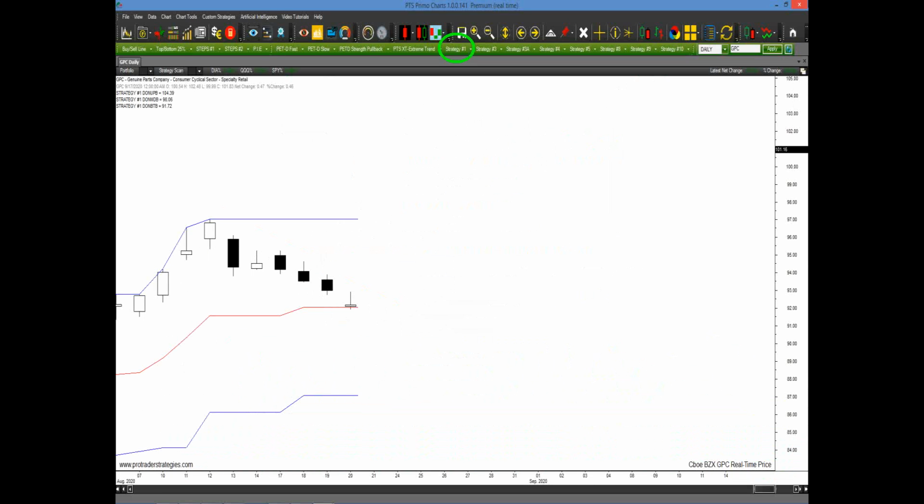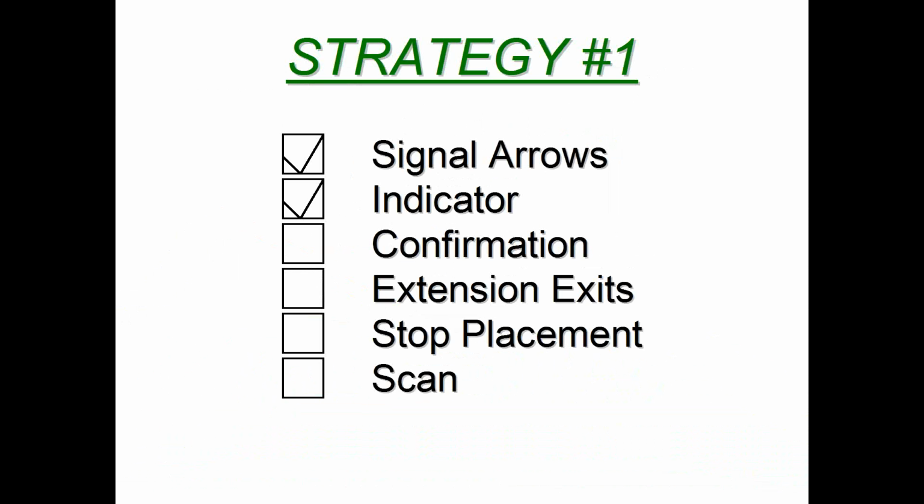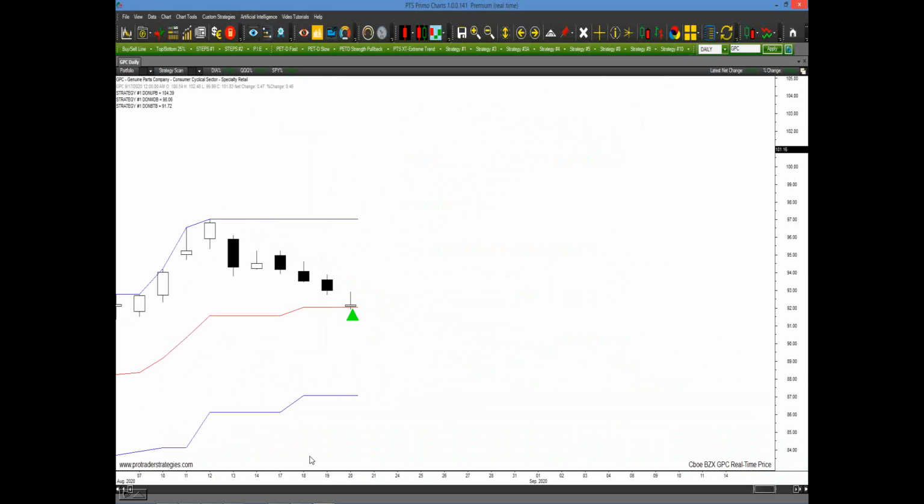Now, in order to check your work, we've also made this into a learning tool. So click on strategy 1 again to see if you've correctly identified a setup. Click on signal arrows, and you'll see a green arrow appear under the valid setups. If you think there's a setup and you click on the signal arrows and there's no arrow there, that means you haven't learned the process yet. But if you fully understand it, you'll see a lot of green arrows.